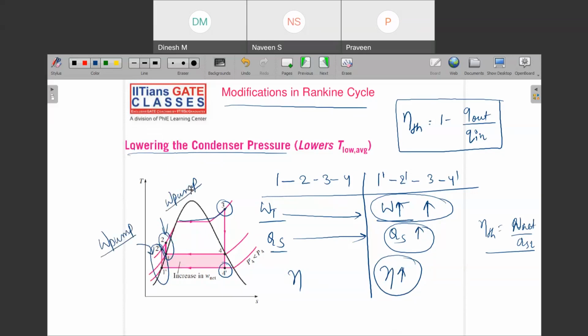So that is why I'm not worried about this part. I was only worried about turbine work and heat supplied, because this part was not significant. So whenever I compare efficiency, I will directly look at W net upon the heat supplied. So I can say that yes, my thermal efficiency has increased.